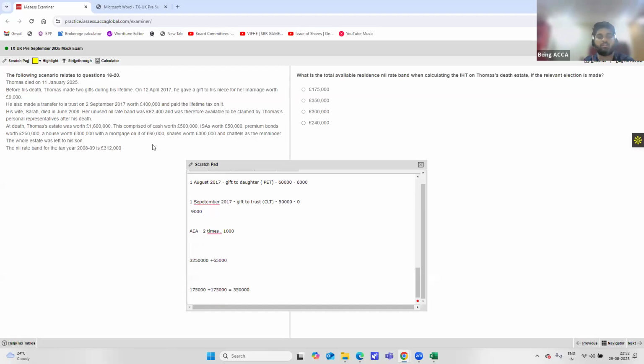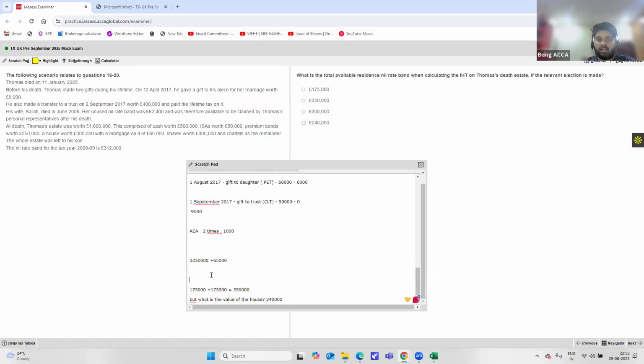But what is the value of the residential area of the house? Let's make it this way. It is 300,000 with a mortgage of 60,000 on it. So what is the value of the house? It is only 240,000.